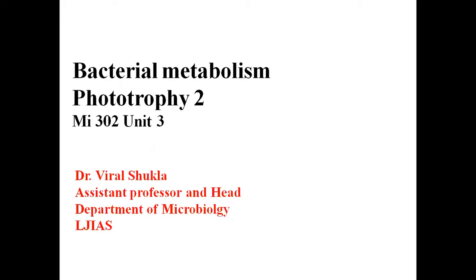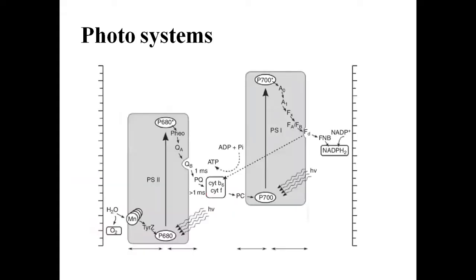But before that, I just want to explain the photosystems. From this figure, I hope you can see that the absorption of light causes the reaction center chlorophylls to become excellent electron donors.